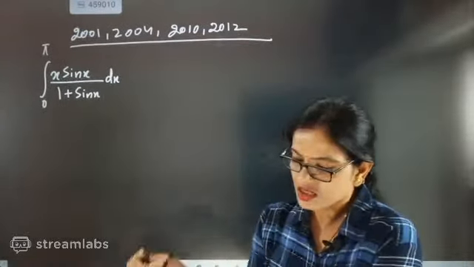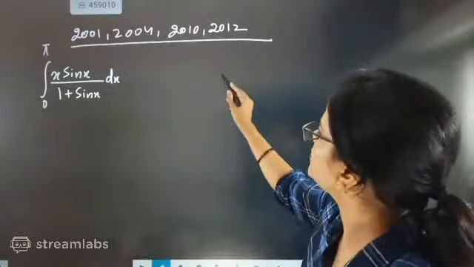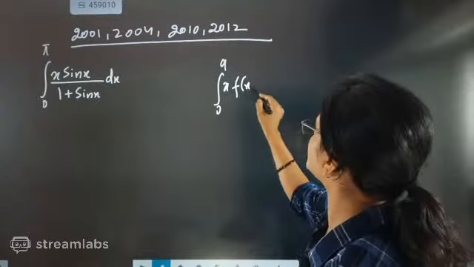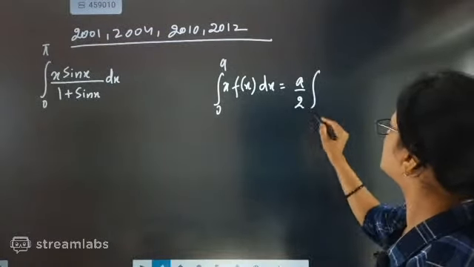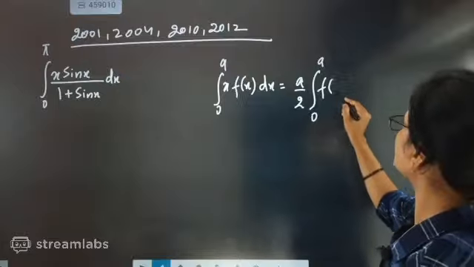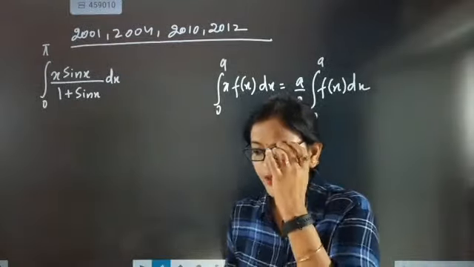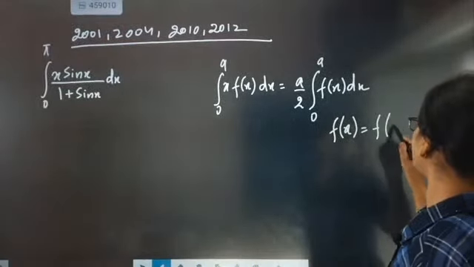Last class I told you one property. That property was, when you write the integral from 0 to a of x f of x dx, it will become a by 2 times the integral from 0 to a of f of x dx. Only one thing you have to check: f of x must be equal to f of a minus x.